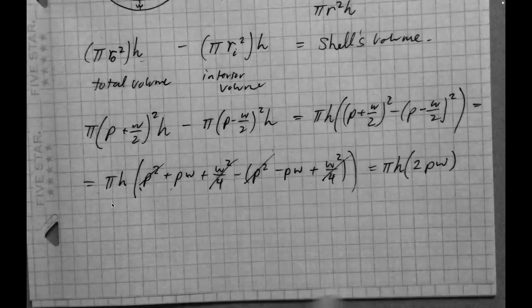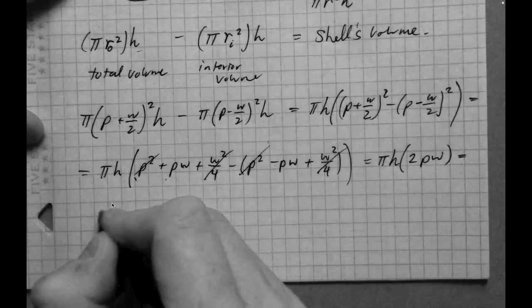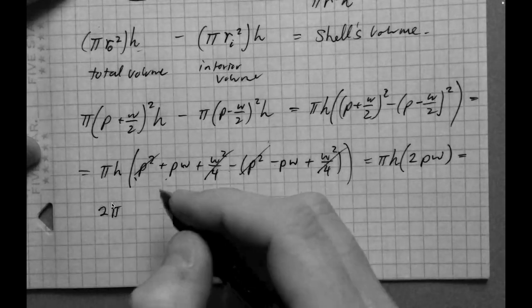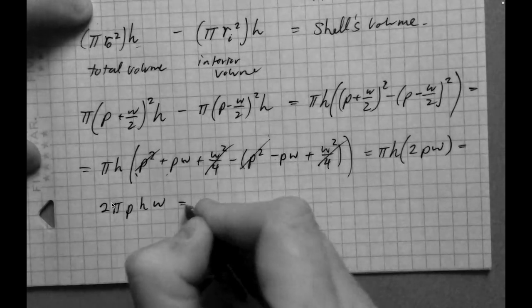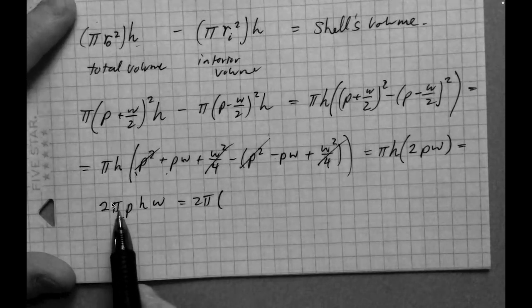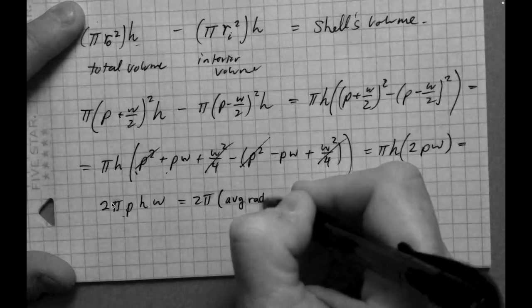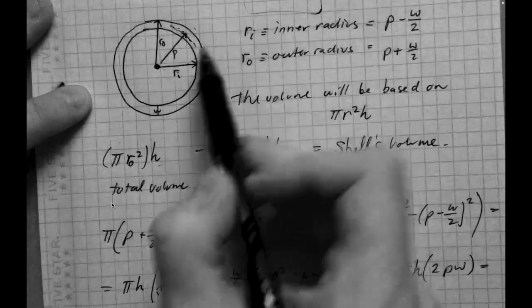Okay, and you can write this a little bit better like this: 2 pi times P h W. And what are these things? Well, let's remind ourselves. P is the radius, the average radius. Why do we say the average radius? Well, there are two radii, right?